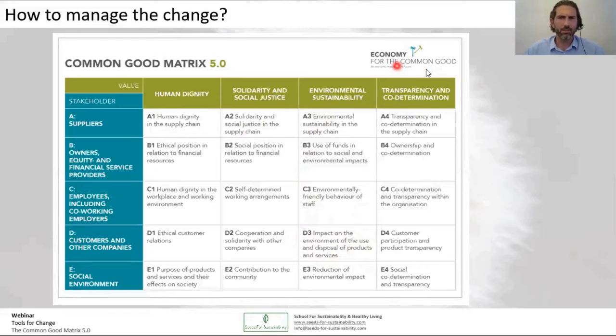Another area is transparency and co-determination. This may be surprising for someone new to corporate social responsibility or sustainability in general. We consider environmental sustainability, we think of fair trade and human dignity, but transparency may not come to mind in the first place. But when we think about these regulations and tools, transparency is a big issue.